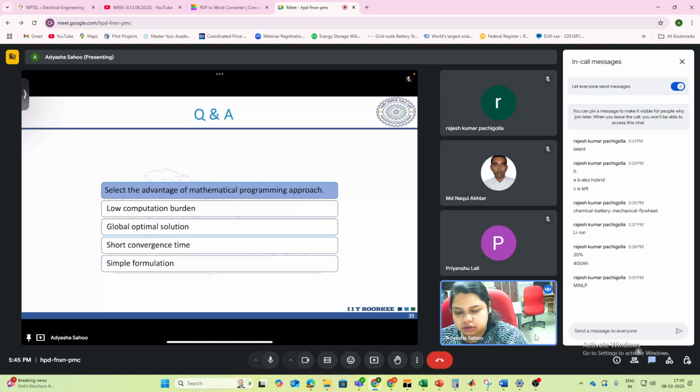Low computation burden, no, actually, for higher systems, it will be having significant computational burden.